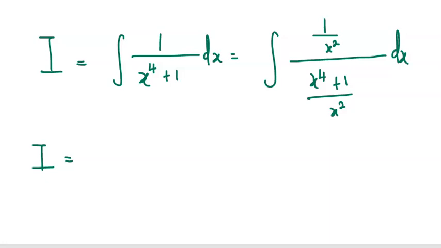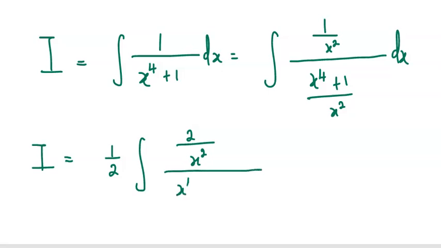I is equal to, if we have 1 all over 2 right over here, then we're going to have 2 all over x to the power of 2, right? Then we split the denominator into x to the power of 4 divided by x squared, and then plus 1 all over x squared, and then we have our dx.